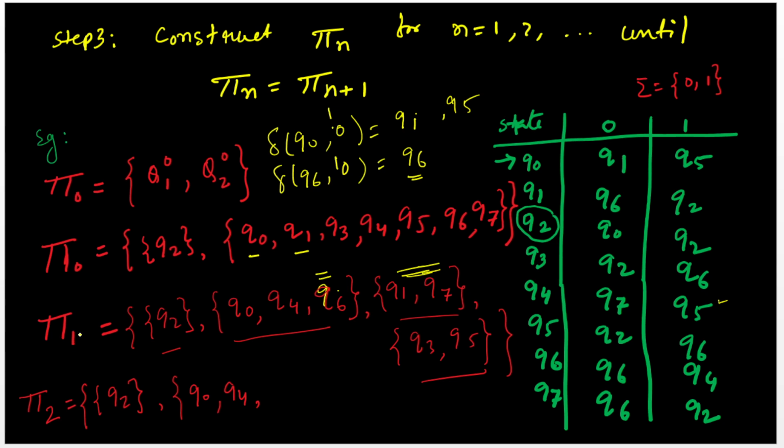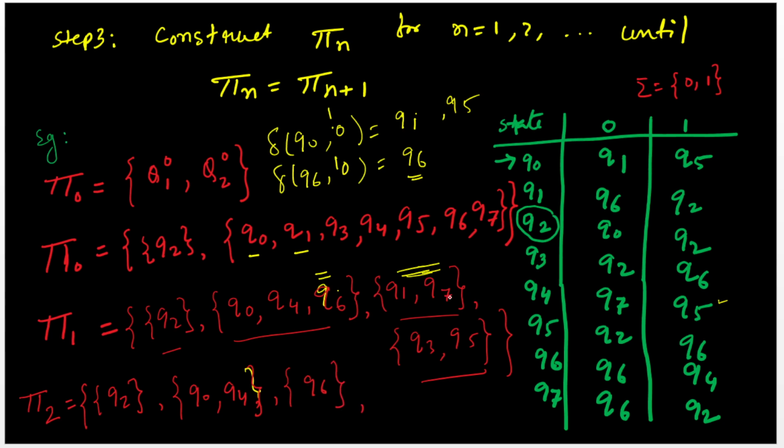That's why Q6 cannot go with the subset where Q0 and Q4 belong. That means Q0 and Q6 are not pi 2 equivalent. So this will complete, and Q6 will remain in a singleton set.